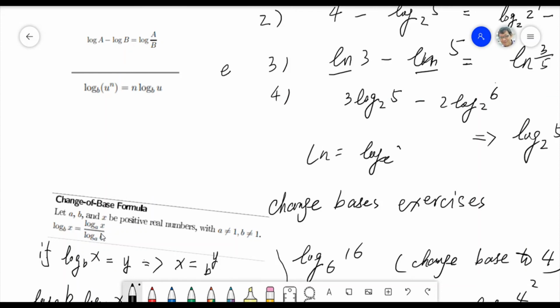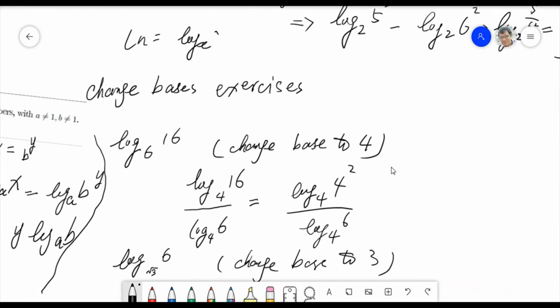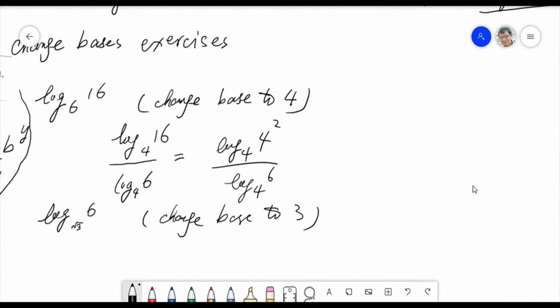Log a of x divided by log a of y, you cannot write as log a of x minus log a of y. That's different. This is already a division, so they cannot change. So the final result will be 2 over log base 4 of 6, because the 2 can move to the front. Log base 4 of 4 we already introduced equals 1, so that's the result.